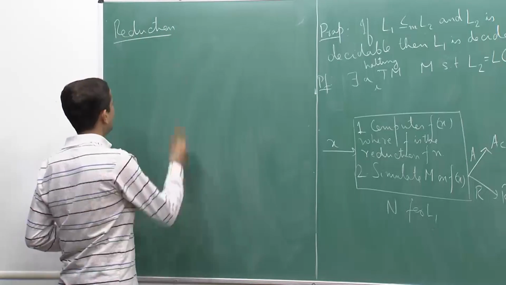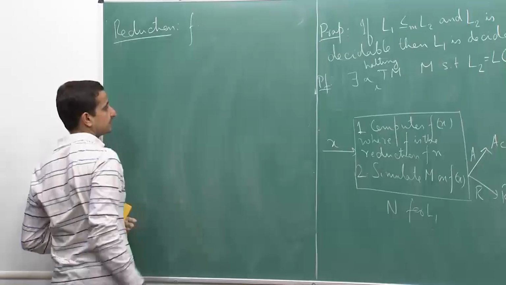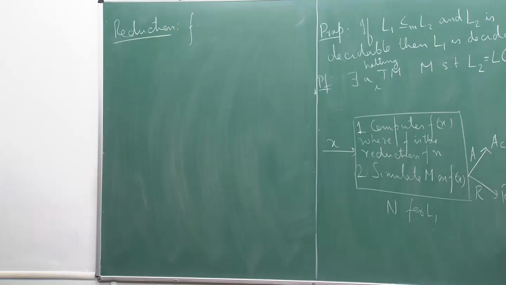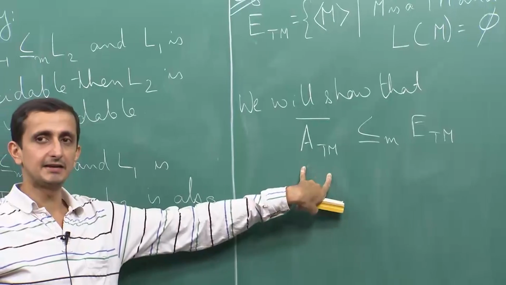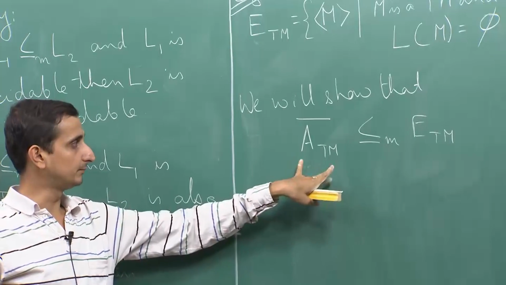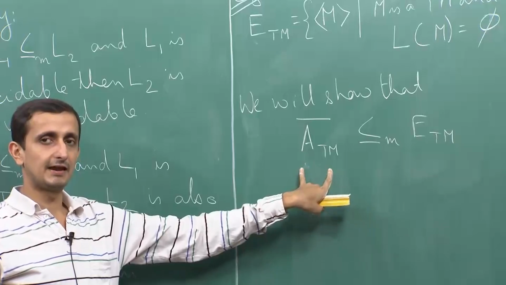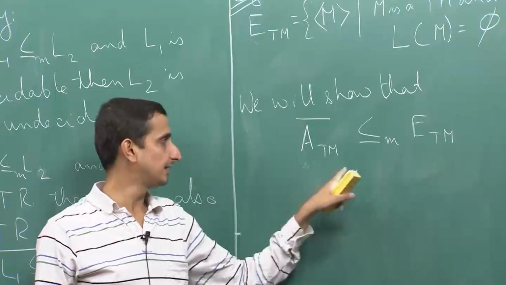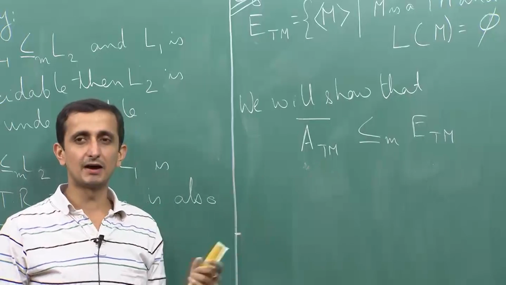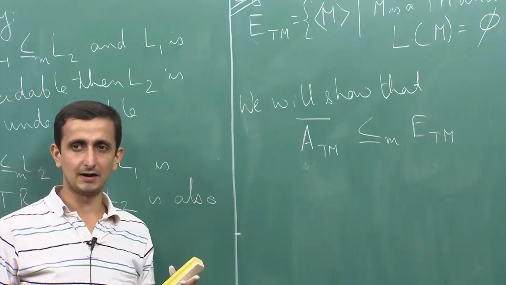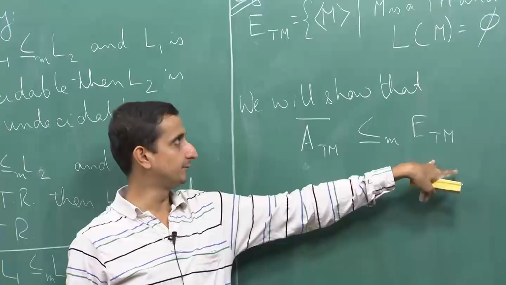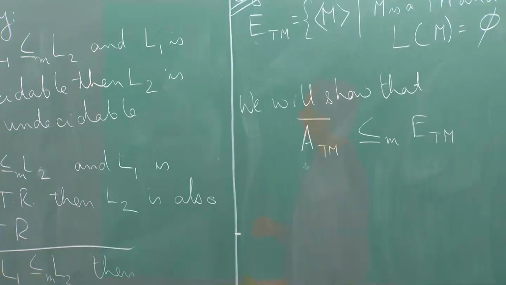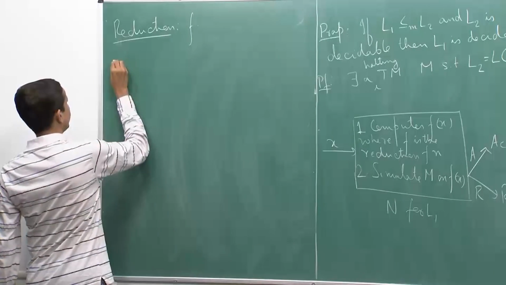I want to design a function f that takes an input from the universe of ATM bar, an instance of the form M comma w, and produces an instance of ETM, which is just a simple machine.